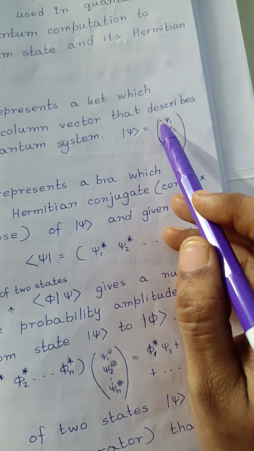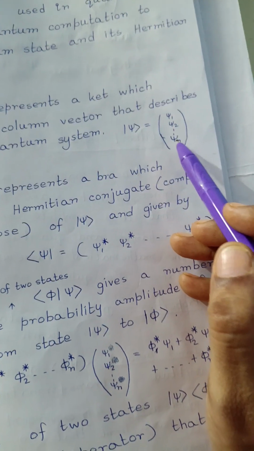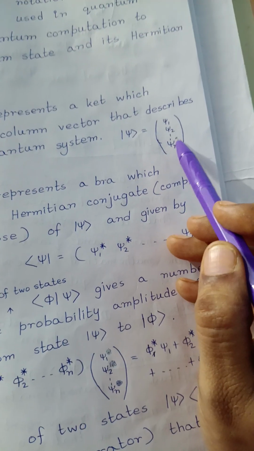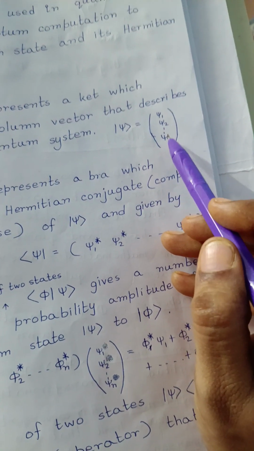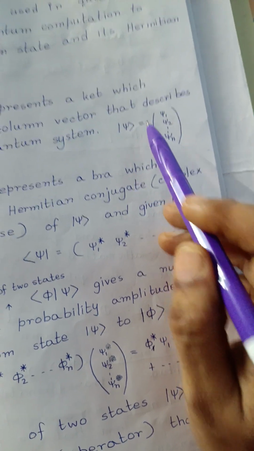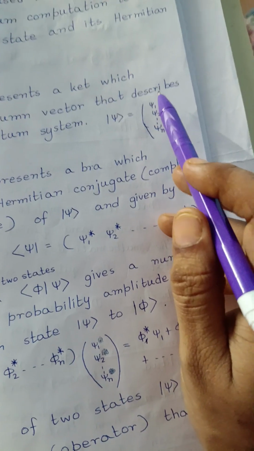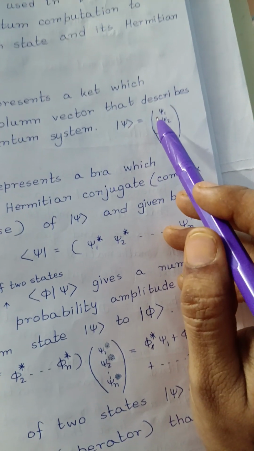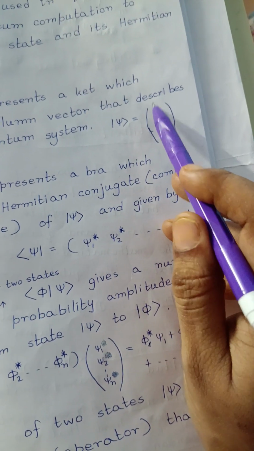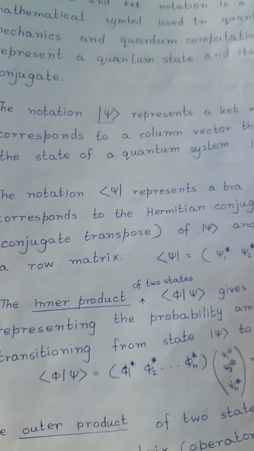So, all those linearly independent components will be represented as elements of a column matrix. So, corresponding to n linearly independent components, we will have a column matrix of dimension n by 1, having n elements, psi 1, psi 2 to psi n.